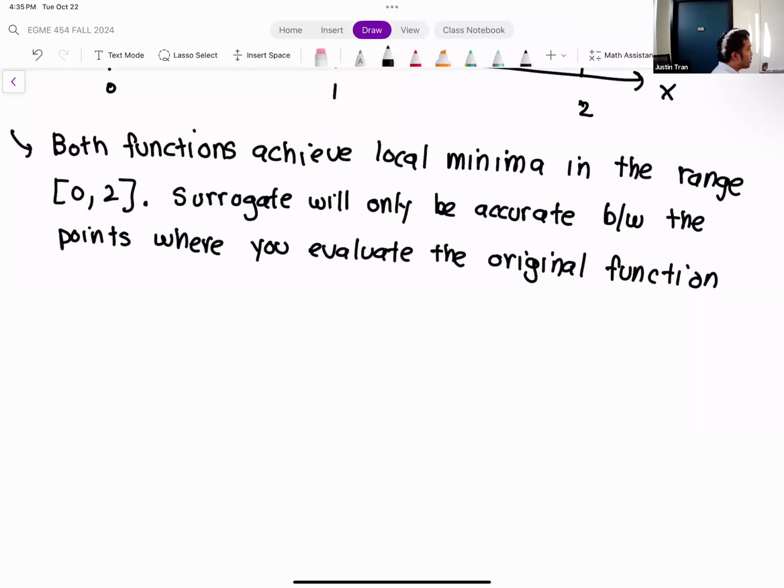And so we want to choose our window here. We want to choose our function evaluations a little bit strategically to make sure that the minimum of our original function occurs within that range.